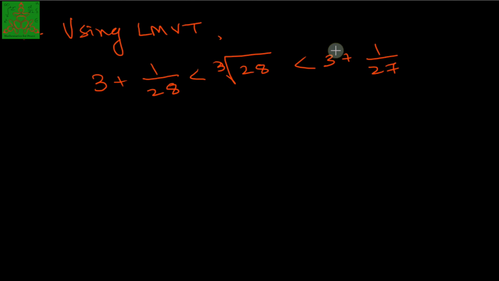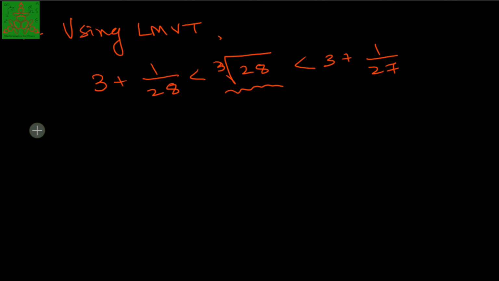Now this will suggest something. Nothing is given here, no function is given. You have to construct your own function, and this will suggest that the middle quantity is your function.